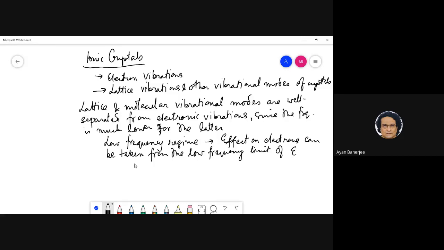So by the way, what does this imply? What was the imaginary part at low frequency limit? That went as epsilon r2. What was the expression? You remember? It was going as what? Omega p square gamma omega upon omega 0 to the fourth, right?